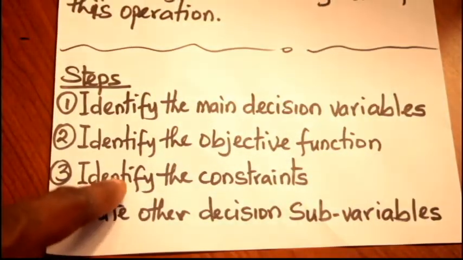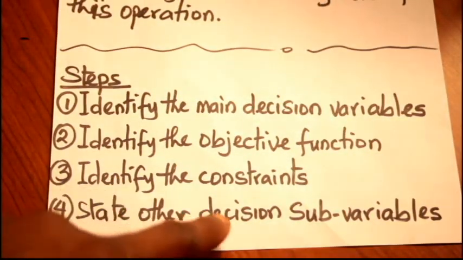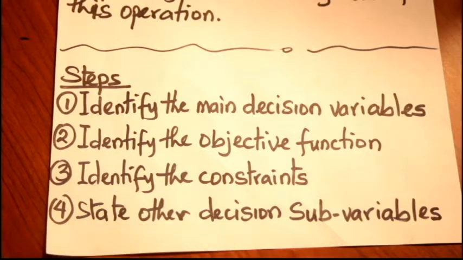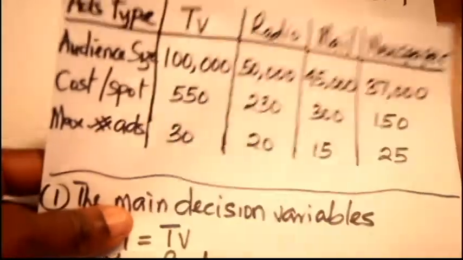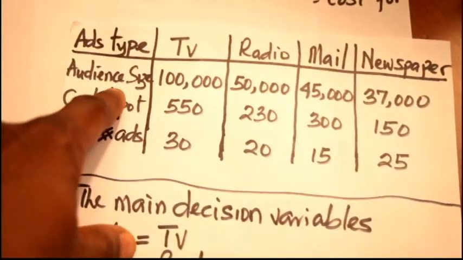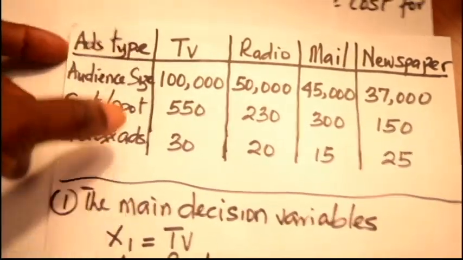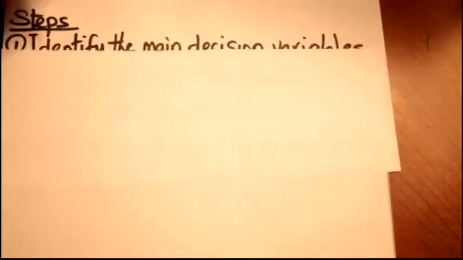The last step we're going to take, after the constraints, is to state other decision variables, and I'm going to focus on the audience size, the audience size that has been projected for the operation.